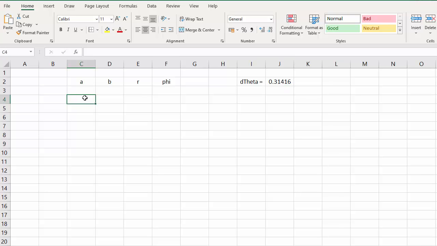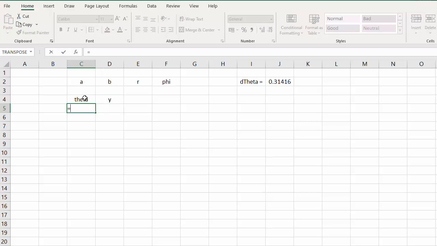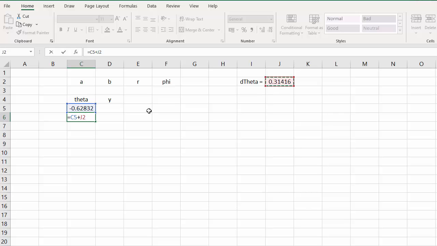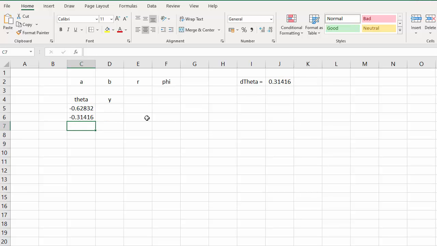So let's have a column now for theta and a column for y. I'll put the first value of theta equal to minus 2 times d theta. And then I'll put the next value of theta equal to the previous one plus d theta. Now I need to make the 2 a constant so that that will repeat itself.